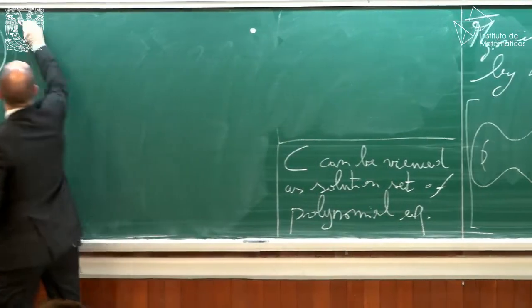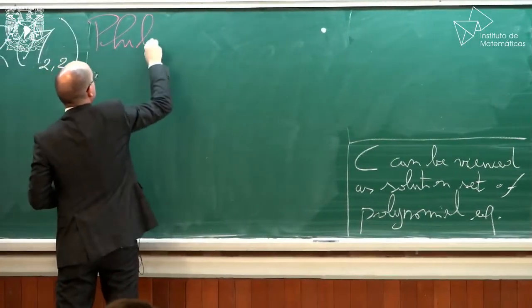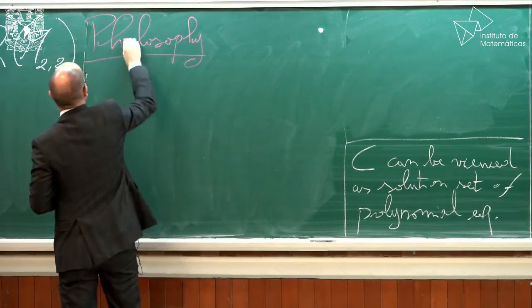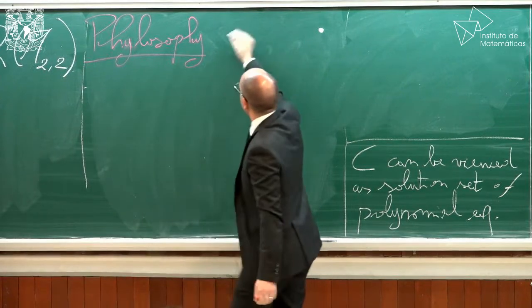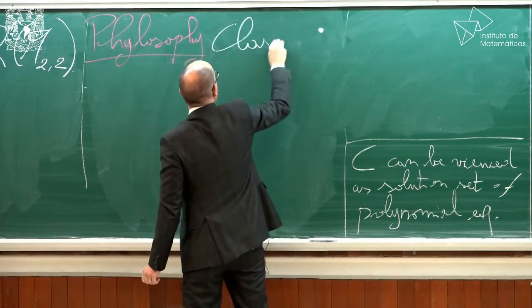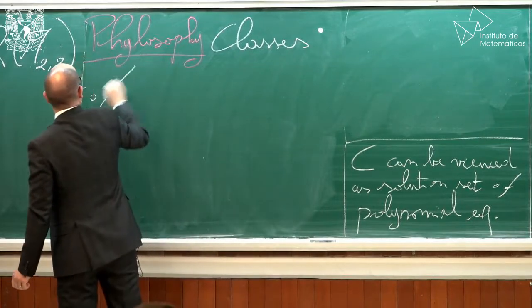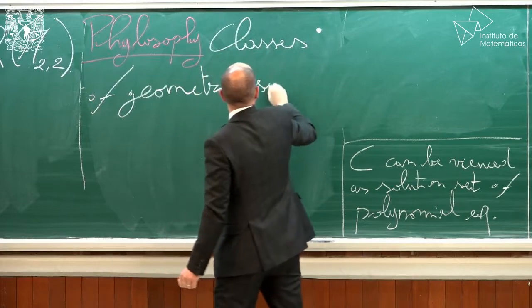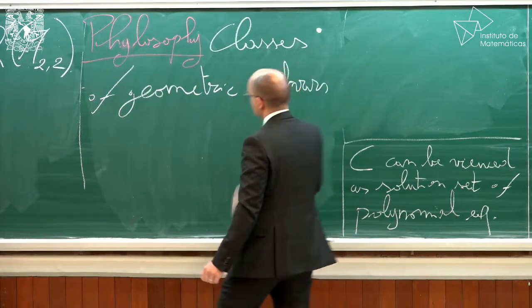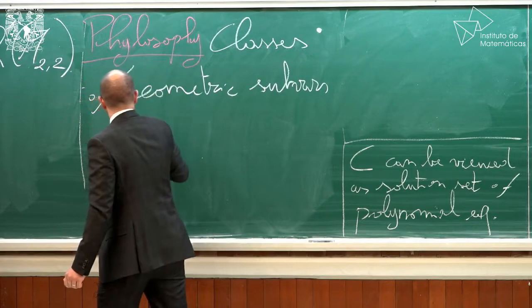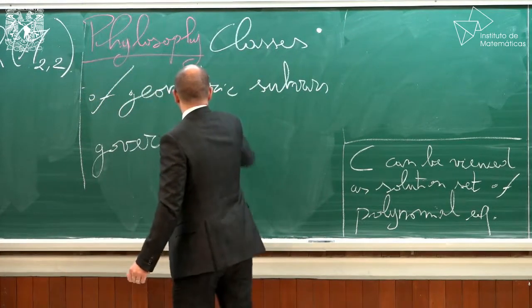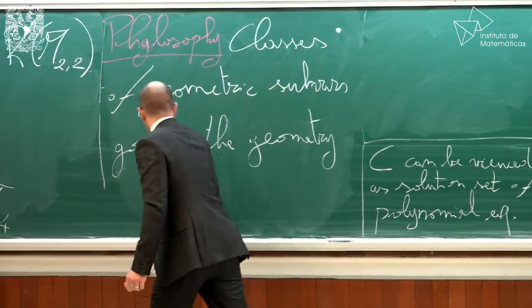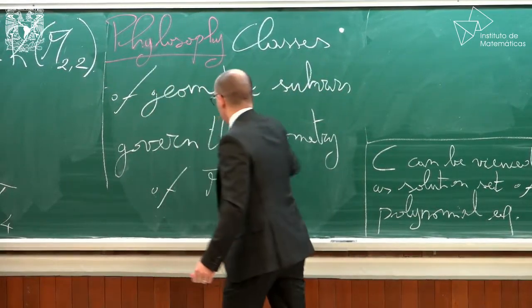So the philosophy is the following. The philosophy is that classes, cohomology classes of geometric subvarieties govern the geometry of M_{g,n} bar.